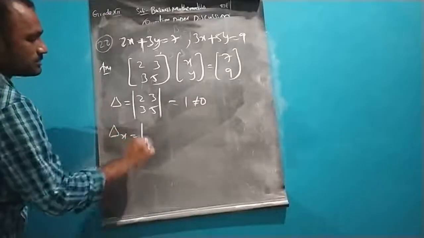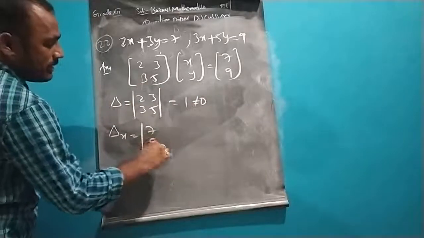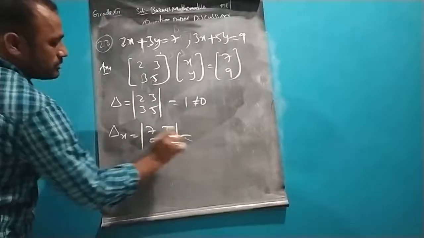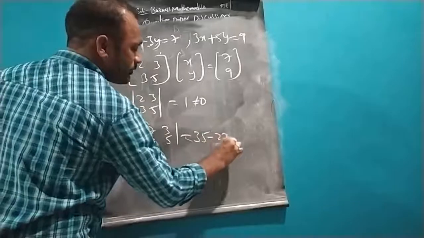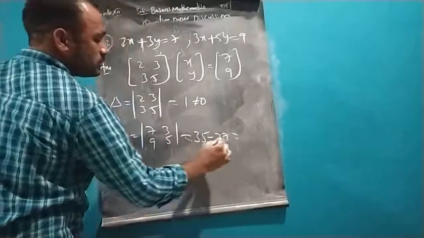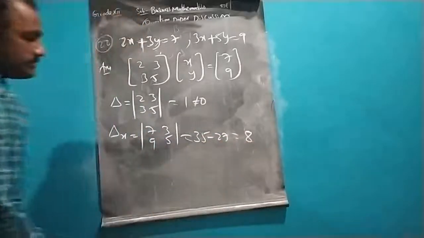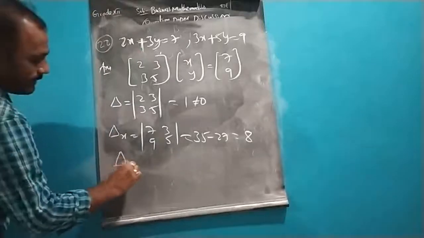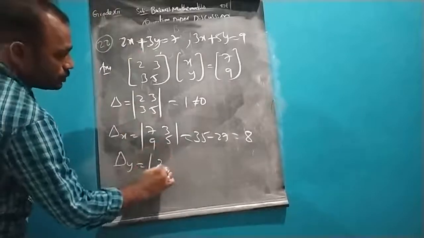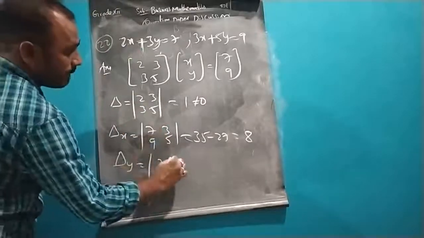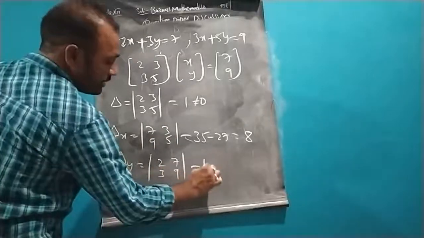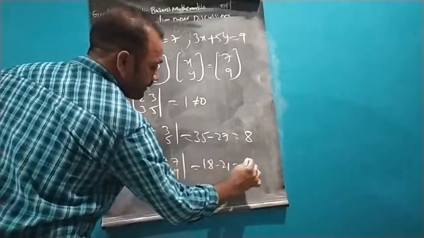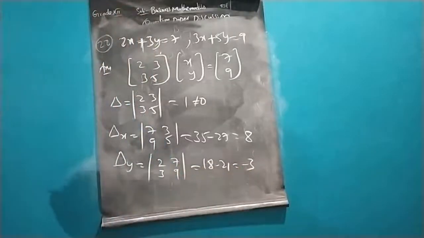So delta x, which is 7, 9, 3, 5. So 7 times 5 is 35 minus 27, that is 8. And delta y value: 2, 3, and here 7, 9. 2 times 9 is 18, 18 minus 21 is minus 3.